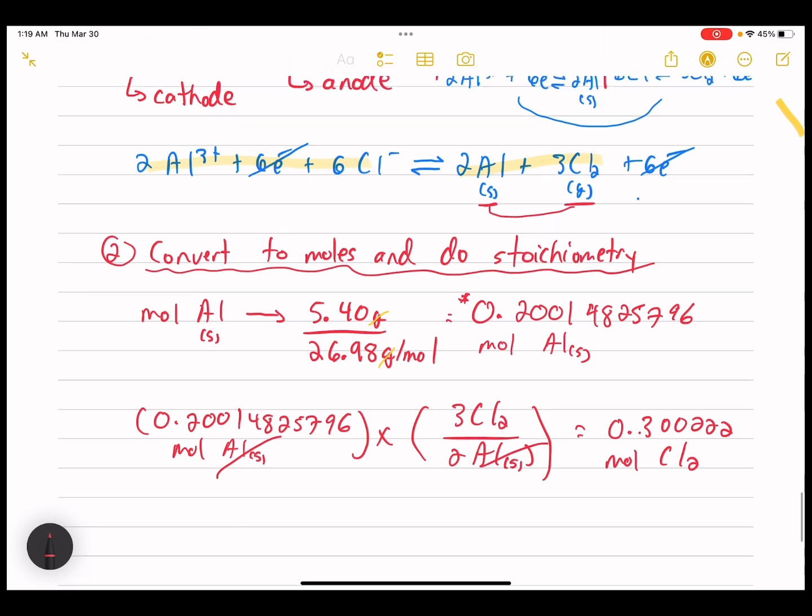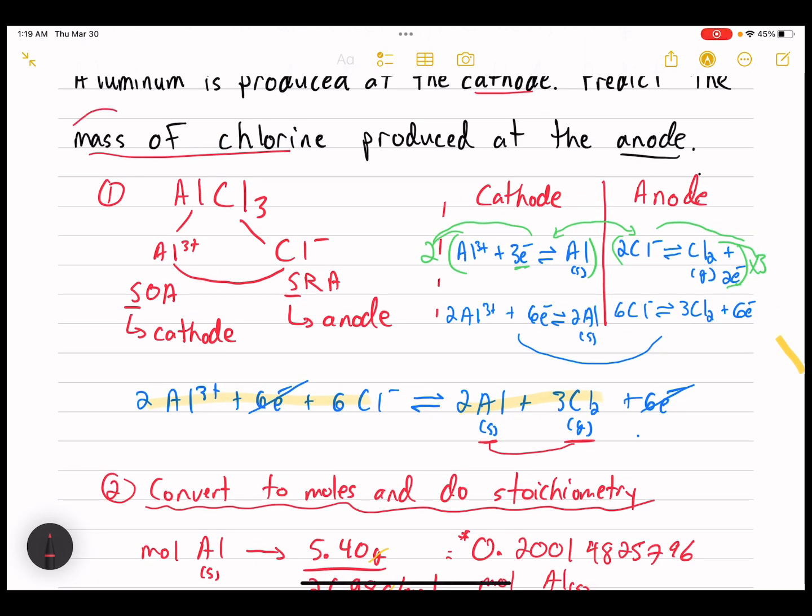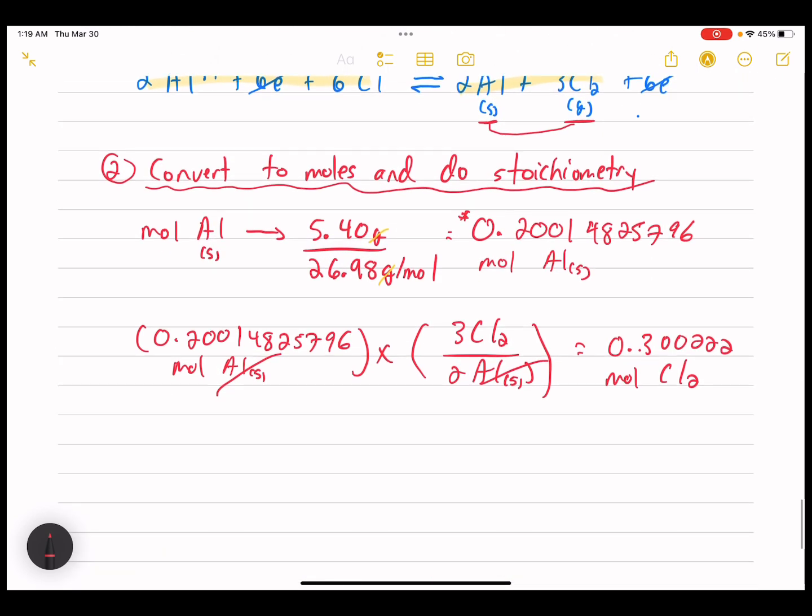And then finally, since it wants the mass of chlorine at the anode, that's always going to be in grams. So we're just going to convert this amount by multiplying it by the molar mass. Grams of chlorine is going to be equal to 0.300222 mole multiplied by the grams per mole of chlorine, that's Cl2.